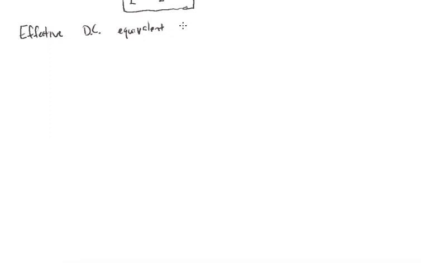And this is given, you get the DC equivalent, it's given by what is called the root mean square. It's called the RMS, and it's literally the square root of the mean of the square of your data value. So if you had just a list of numbers and you wanted to do this, what you would do is go through, square all your numbers, take the average, and then take the square root.